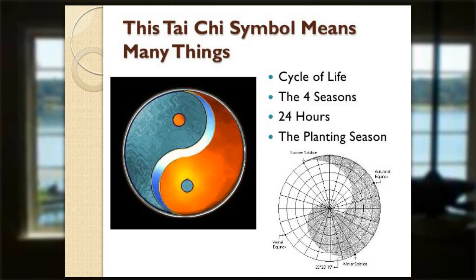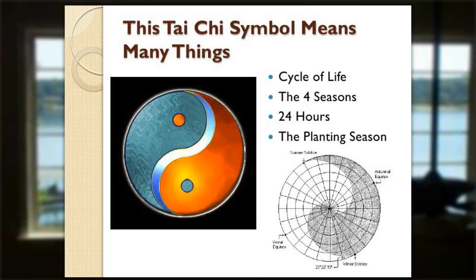Now, the Tai Chi symbol has been used for a long, long time. It represents things like the cycle of life, the 4 seasons, the growing seasons, 24 hours in a clock. Believe it or not, you can see the morning and then the middle of the day on the right-hand side in the orange. The morning is the thinner portion up at the top.